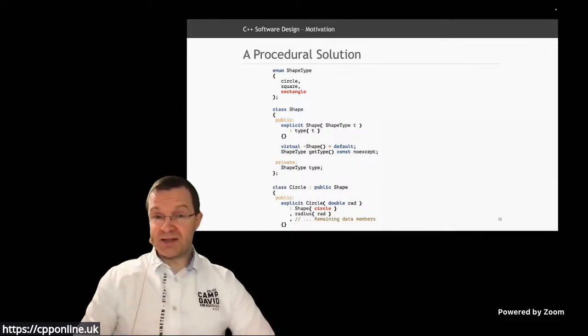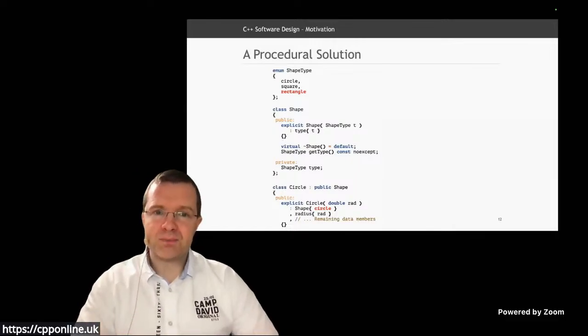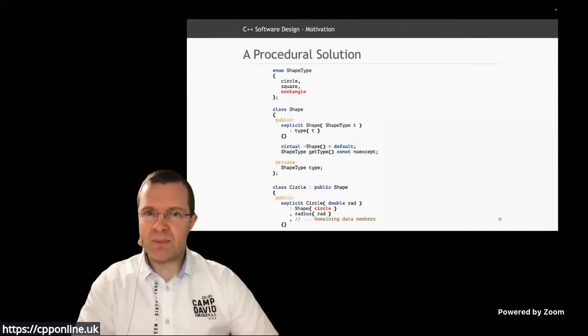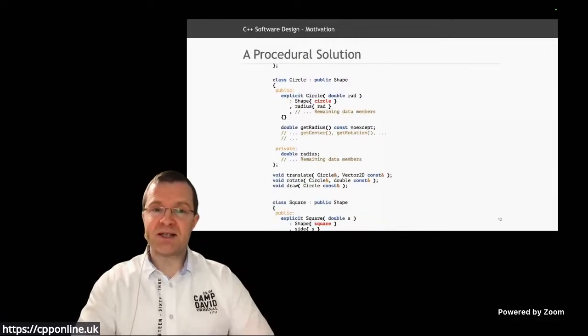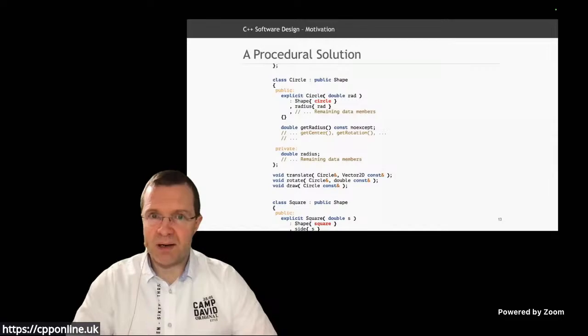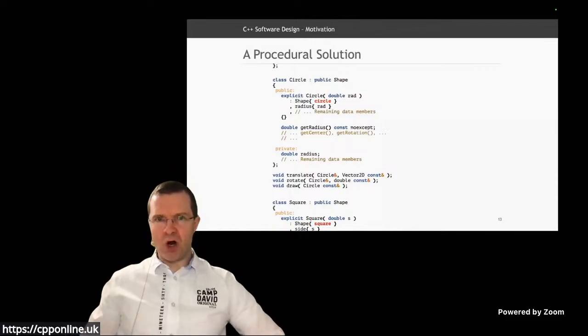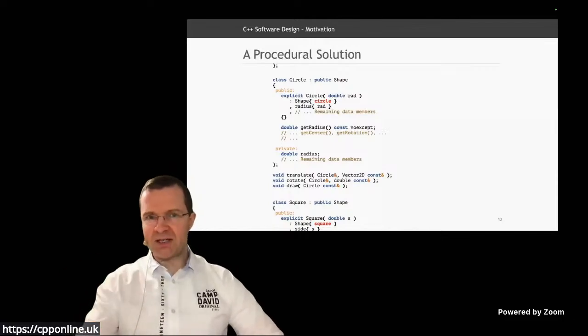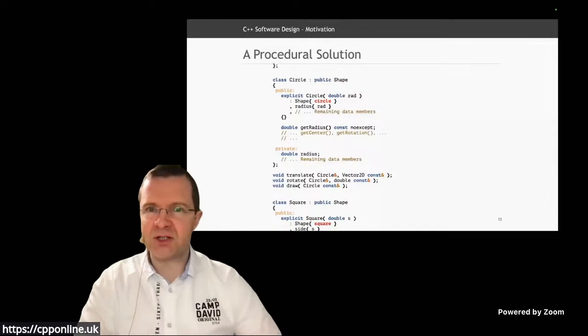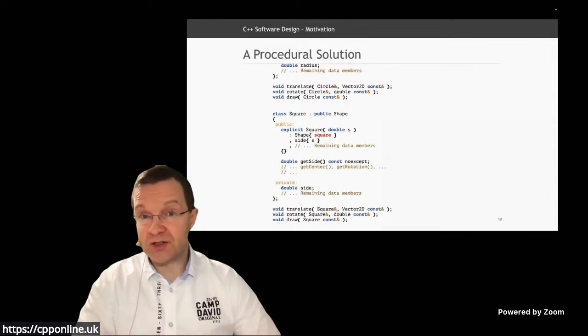Which now, fortunately, means that all the code, and really all the code that deals with the shape type has to recompile. And so first and foremost, this means that the circle class has to recompile. That doesn't feel right. This feels wrong. Adding a rectangle should not have any influence on circles or squares.